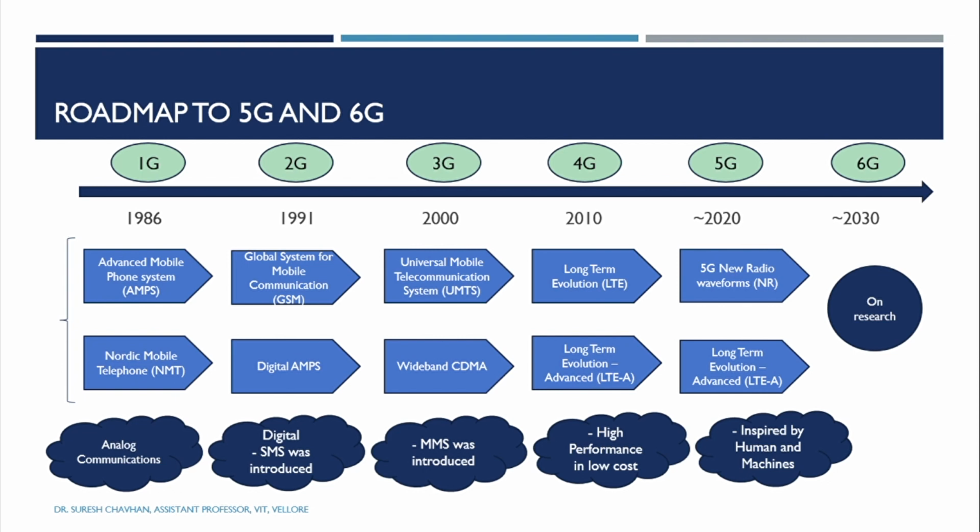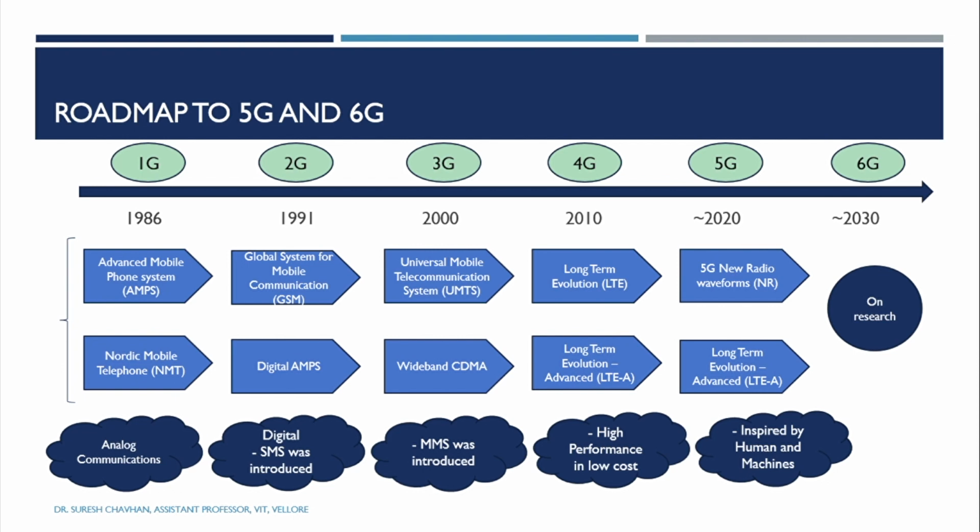In 4G, there was again huge research on communications, and they used Long Term Evolution, LTE, and LTE-Advanced. The main purpose here is high performance and low cost, which we are using. So we are able to do video streaming, we can send MMS, and many other things. That was introduced in 2010.